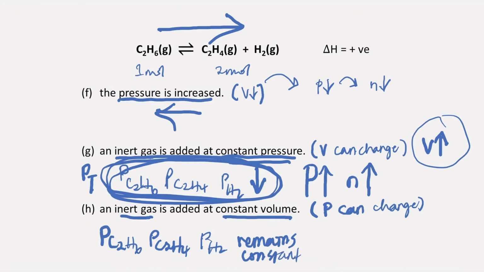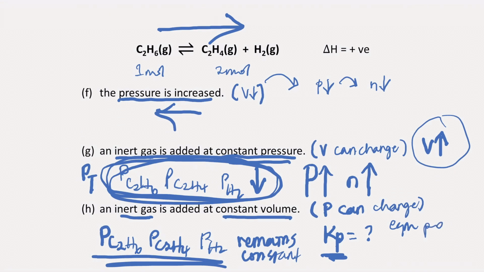So that means, will there be any change in your Kp? No, right? Sebab partial pressure semua sama. So Kp tak berubah. Will there be any shift in equilibrium? Tak ada kan? So that means your equilibrium position does not change. Okay? Boleh? Alright? Okay. So pressure can change ni apa? Total pressure lah. Bila total pressure can change, maksudnya partial pressure awak remains constant.